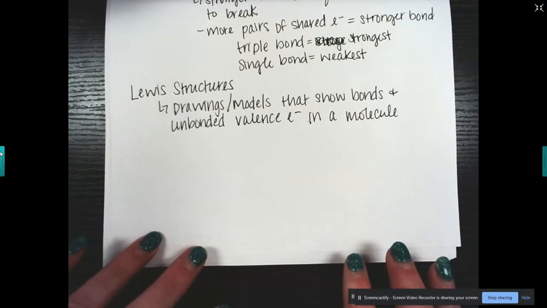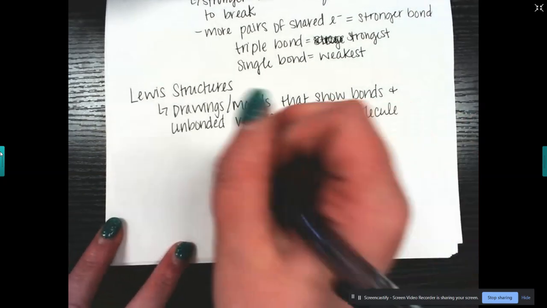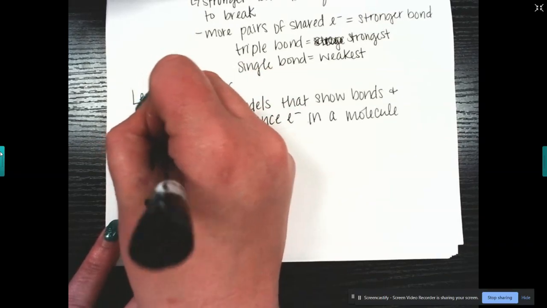Okay, so for this, I am going to give you the steps for drawing a Lewis structure and then give you time to write them down. And then we'll work through how to do them, because it does me no good to explain while you're writing, because listening and writing at the same time is difficult. All right, so here's step 1, how to draw them.